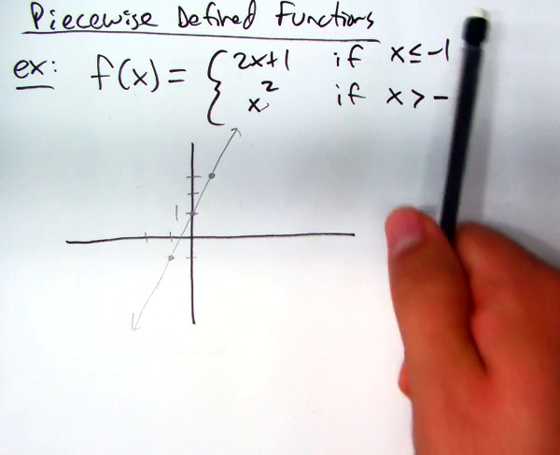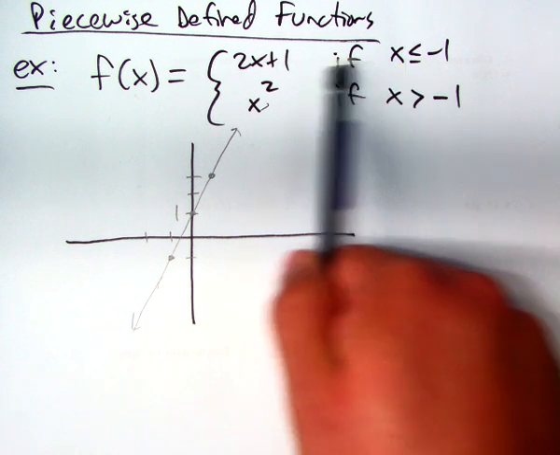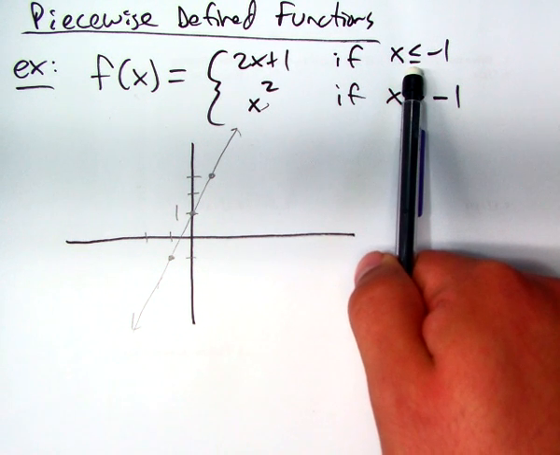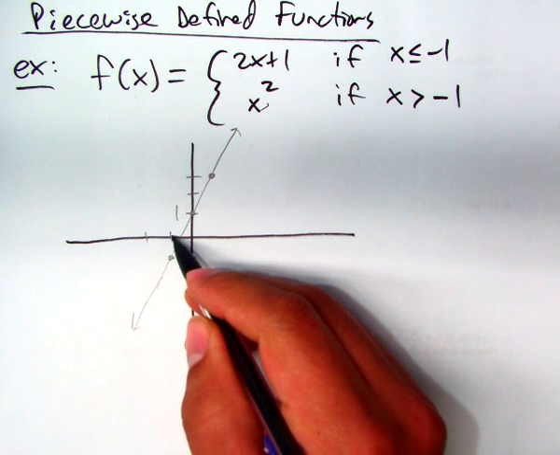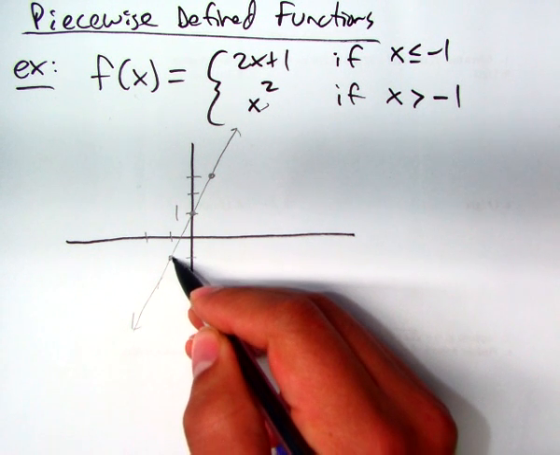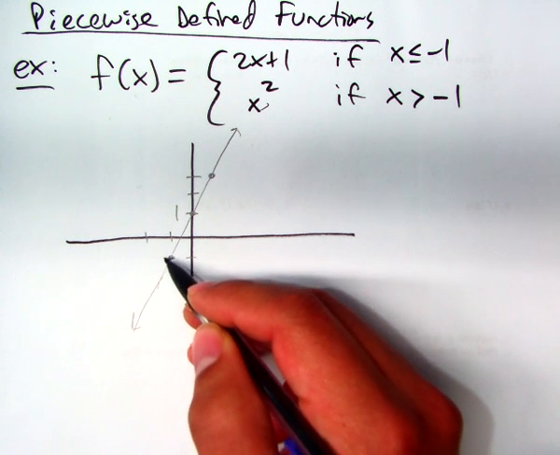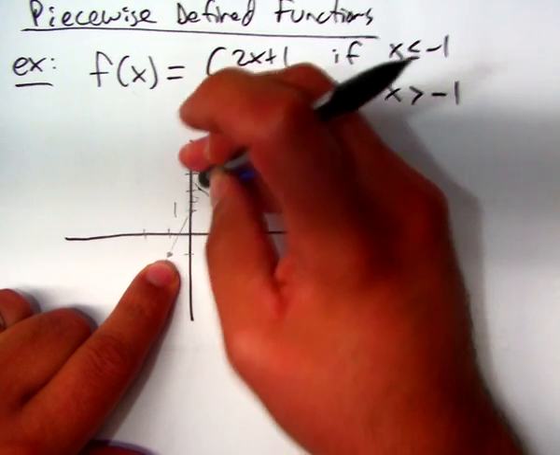And now I'm going to pay attention to where it wants me to look. This says to only look at this line when x is less than or equal to -1. So I'm going to go to -1, find the graph, which is right here. Which way is less than, left or right? So we want to look this way, meaning I don't want any part of this graph up here.